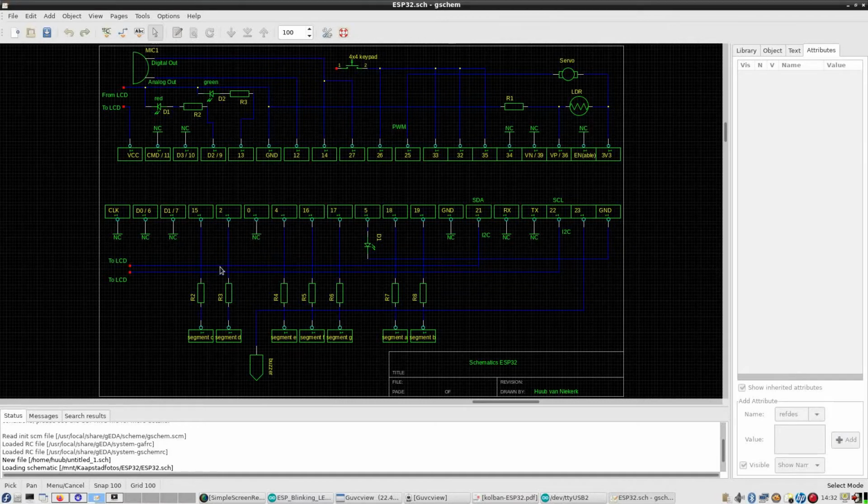Let's see, to LCD. Oh, this is not connected, wait. Ground to this one, to LCD, yeah, my mistake. This is from LCD connected to this ground. So these have nothing to do with the power.